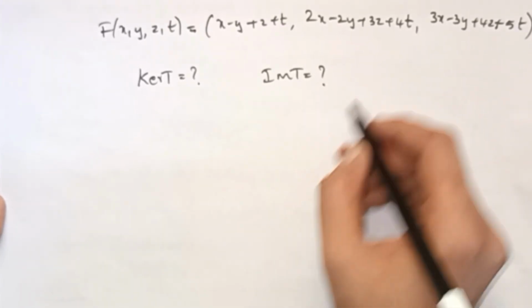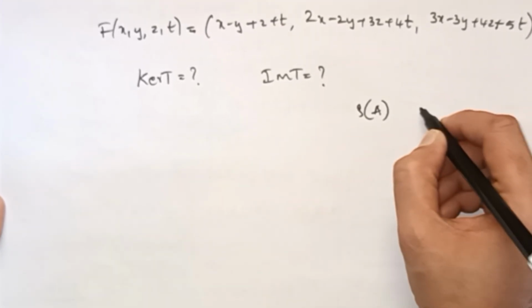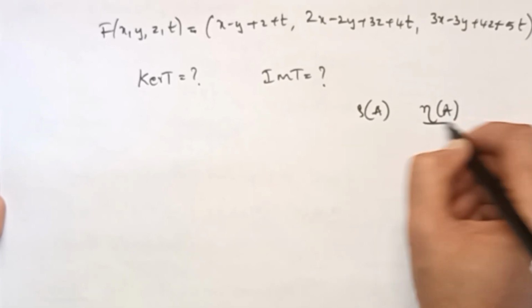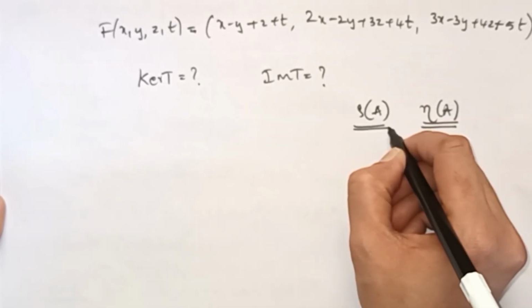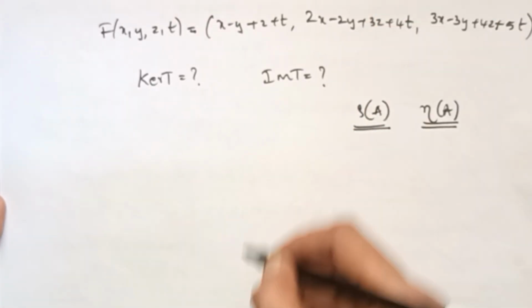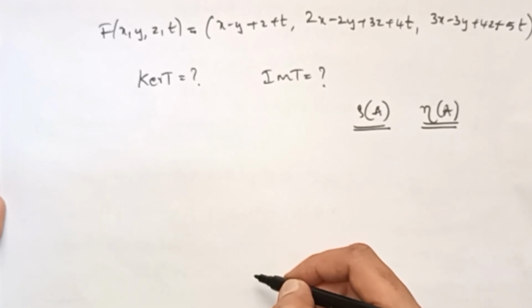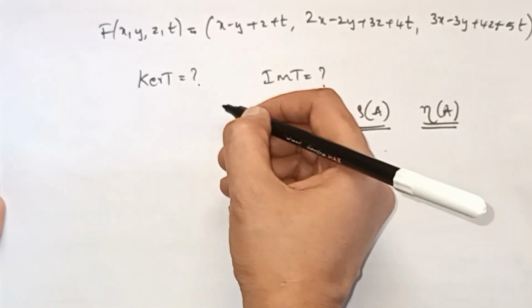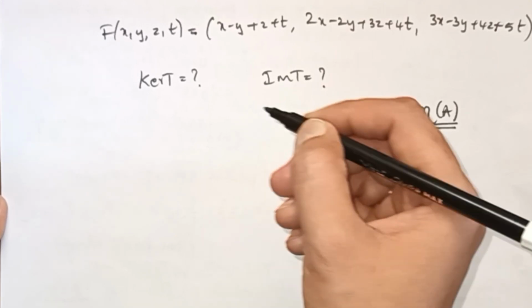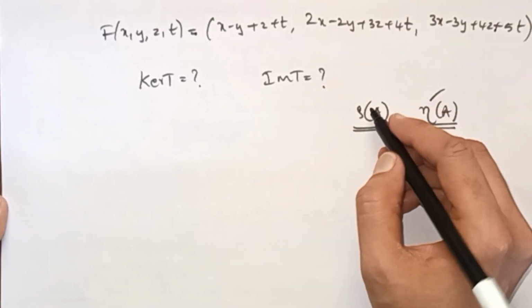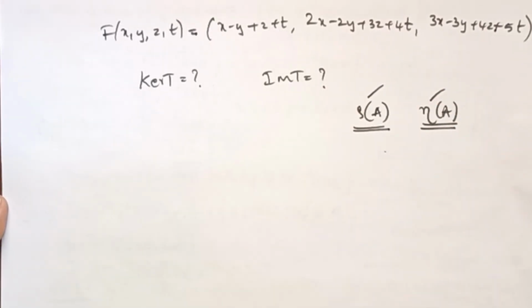Usually you find the rank of a matrix, the nullity of a matrix, the null space of a matrix. Then it is the same as finding the rank and nullity of the given transformation, because every matrix can be viewed as a transformation. Hence we find the rank of a matrix as well as the nullity of a matrix. That I will explain in the next video.